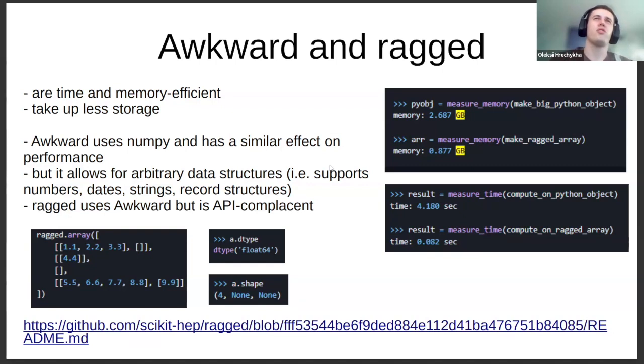So Awkward uses NumPy, but there is a problem with using lots of different libraries which allow the user to work with arrays, and that is the issue of standardization, because essentially the more libraries you have, the more they start diverging from each other.